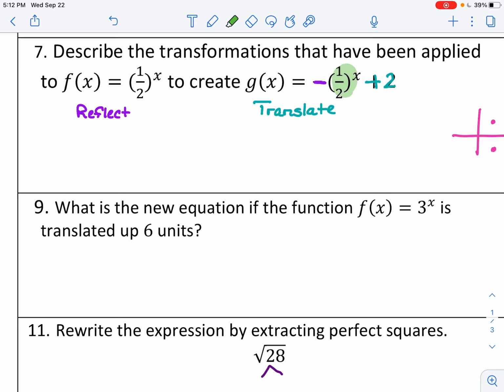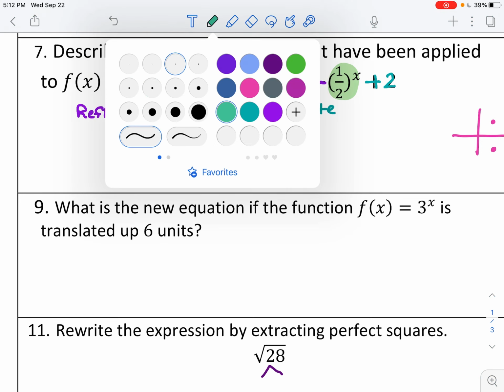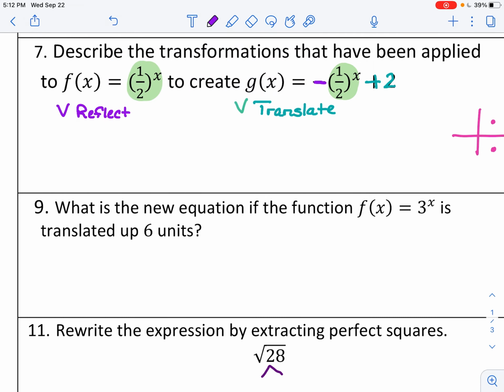So let me actually just say 1/2 to the x is just standing all by itself. I see this basic function just copy pasted again. X is not being changed. So this is not being done to x, it's being done to y. It's a vertical thing. The reflection is not being done to x, it's being done to y. It's a vertical thing. We have 2 vertical transformations being applied here.